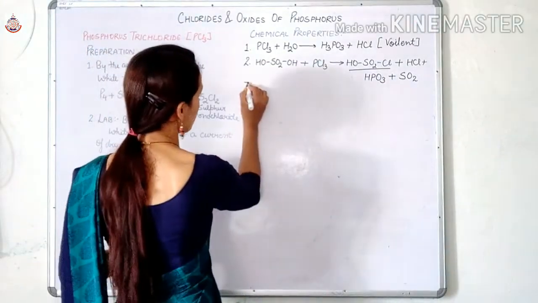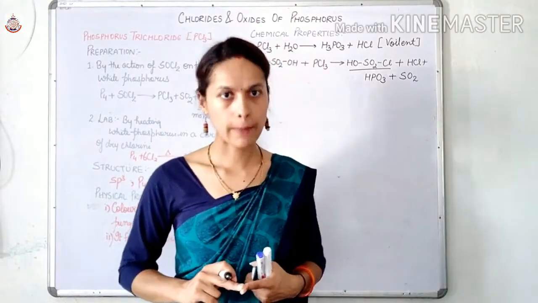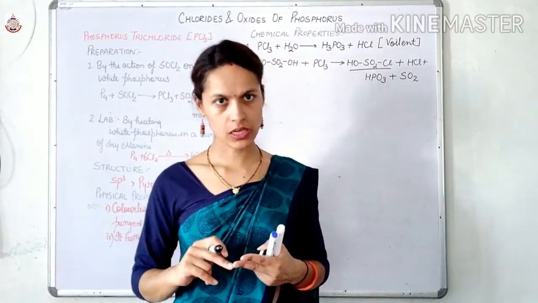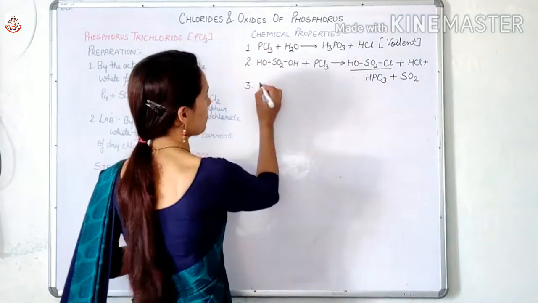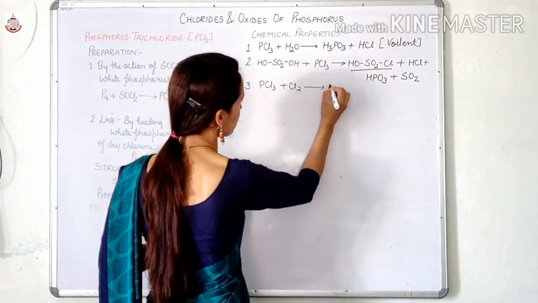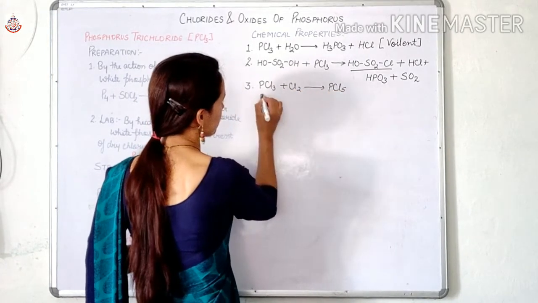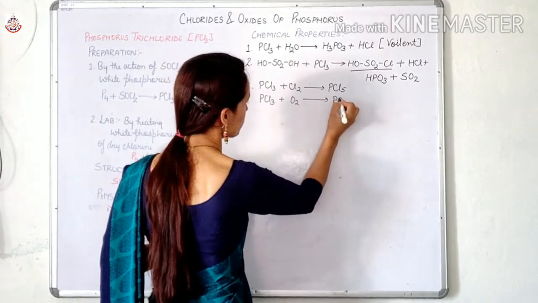Now next, third, PCl3 reacts with chlorine, PCl3 reacts with oxygen and PCl3 also reacts with sulfur. When PCl3 reacts with chlorine, it forms PCl5. When PCl3 reacts with oxygen, it forms POCl3.